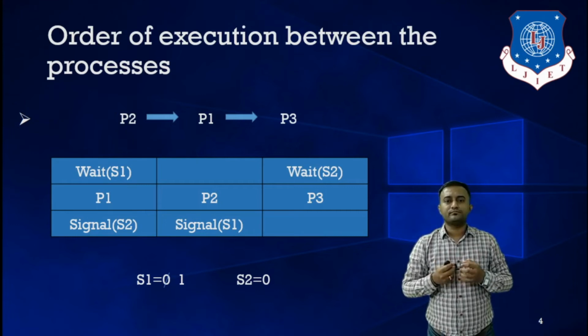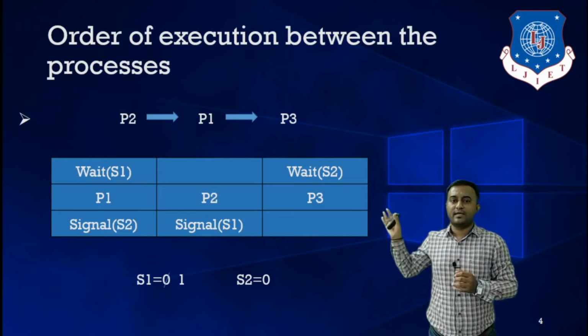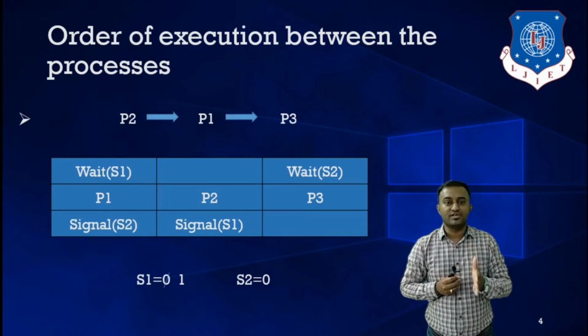For understanding this example, say we have three processes, P1, P2 and P3. Instead of executing P1 first, then P2 and then P3, if I want to execute P2 first, then P1 and then P3, as shown in this slide, P2 needs to be executed first, then P1, then P3.